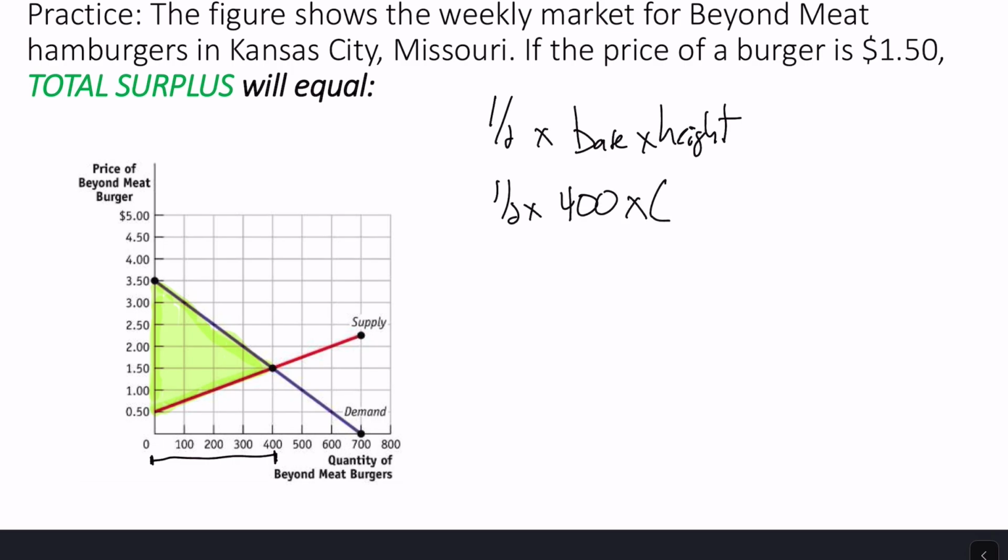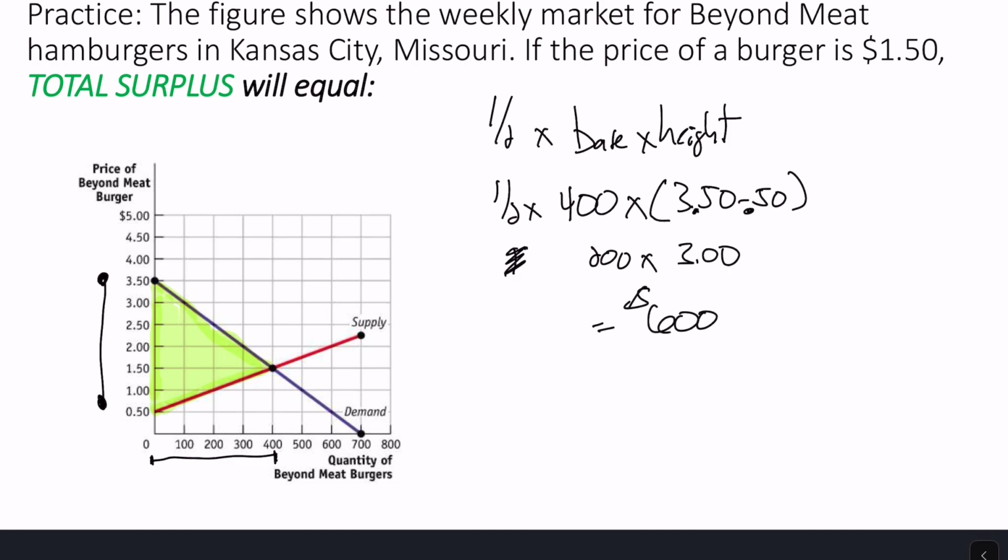And our height going from 350 down to 50 cents. All right, so we can put that into our calculator. And we would get total economic surplus here equal to $600.